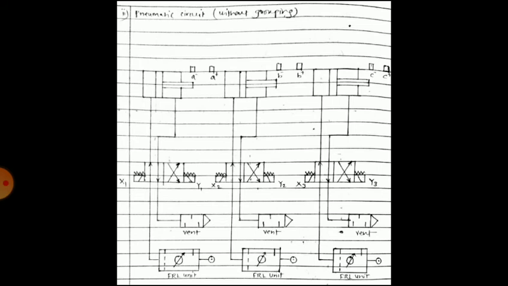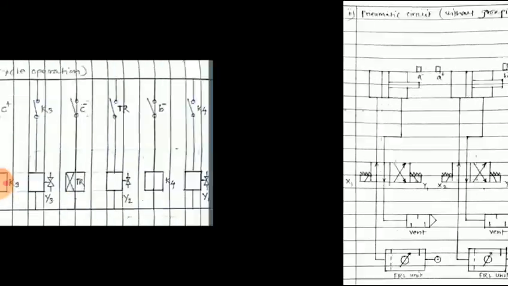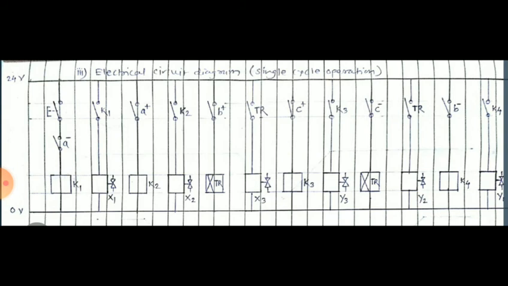When the piston rod reaches A plus, you can see the third vertical line, the A plus switch will get activated, which will activate relay coil K2.